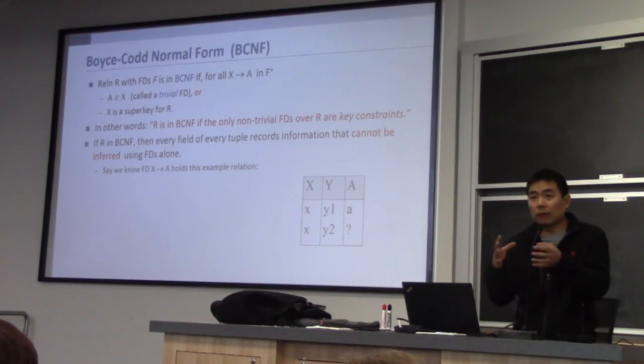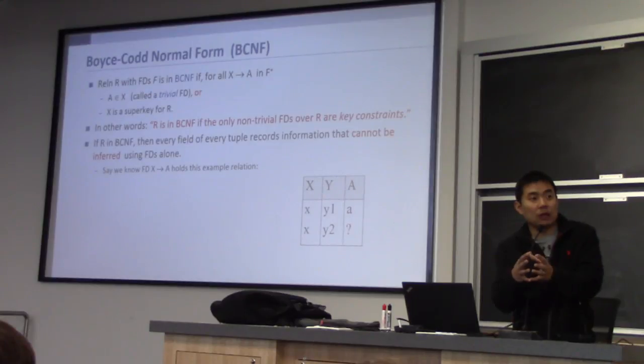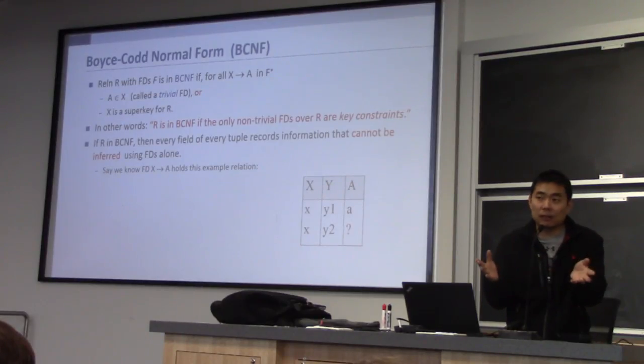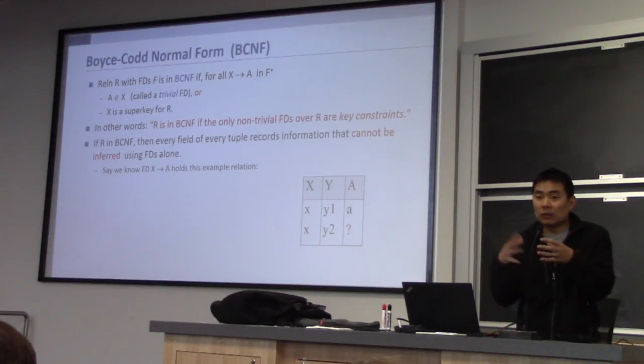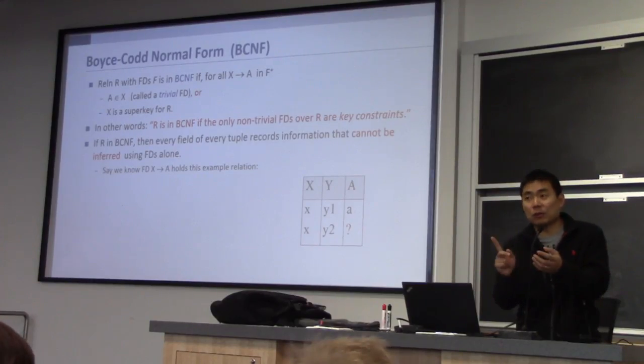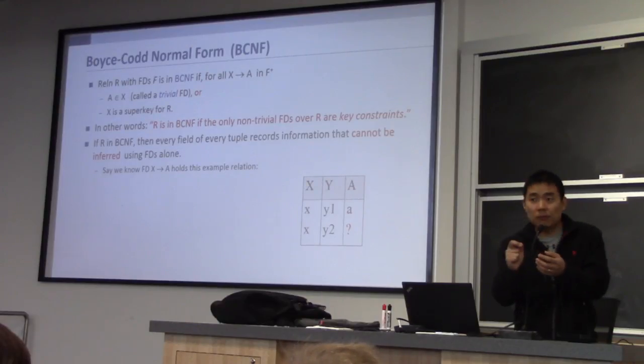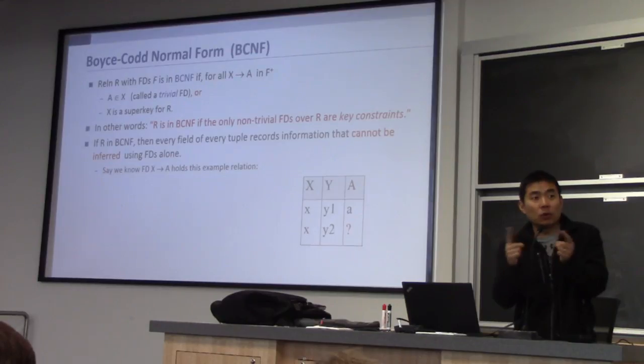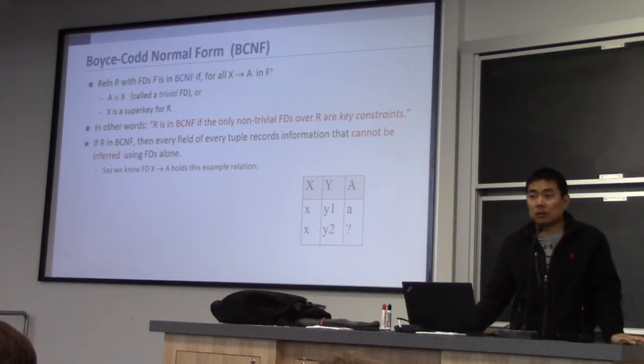If you think about it, if you only have key constraints on your relational schema, obviously, the level of redundancy is minimized, because no other attributes can determine any other attribute. In other words, there is no dependency whatsoever between different attributes, right?